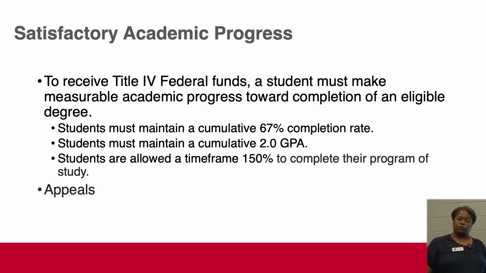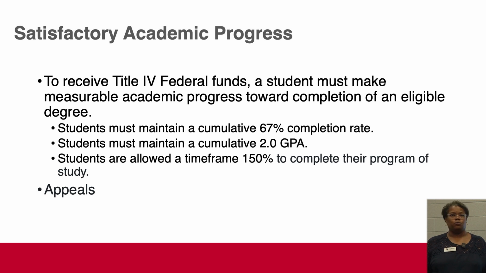And when it comes to your financial aid being terminated, whether it's for GPA, completion rate, or time frame, you, the student, are allowed to submit an appeal. In the appeal process, you must tell us why you were not making satisfactory progress, but your reason has to be something that's not within the student's control.